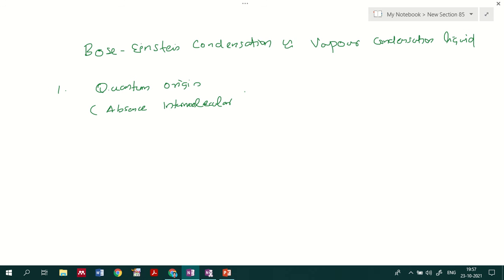We say that Bose-Einstein condensation is purely of quantum origin, so this phenomenon can occur even in the absence of intermolecular force.